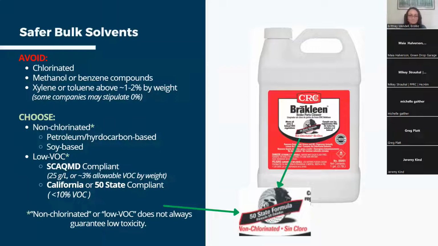If you see an SCAQMD compliant product, it's got to have about 3% VOC by weight. Remember on that SDS, we had 81%. And for California or 50 state compliant, it has to be less than 10% to get that on their label. So like I said, it doesn't always guarantee low toxicity, but it's going to be lower and probably less hazardous than the chlorinated.